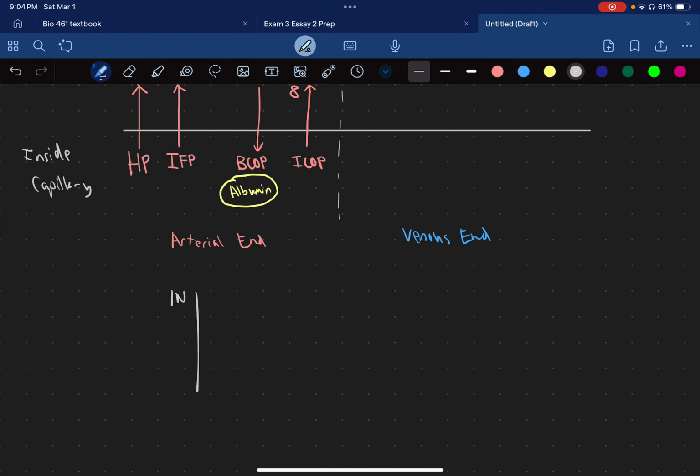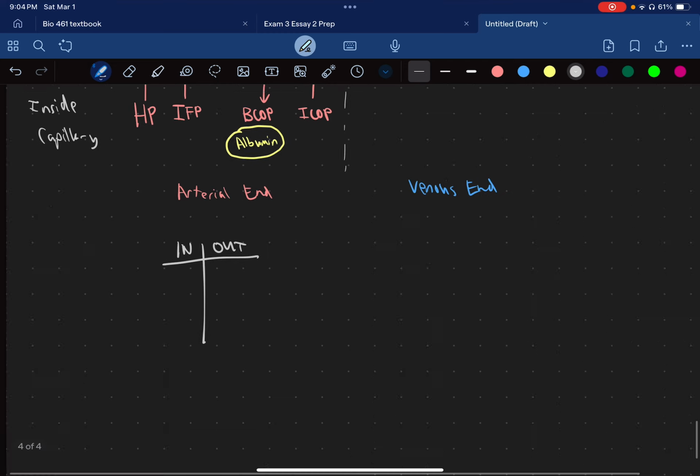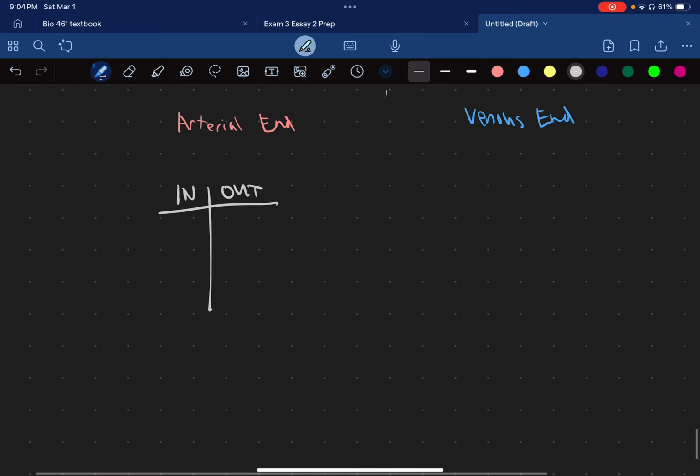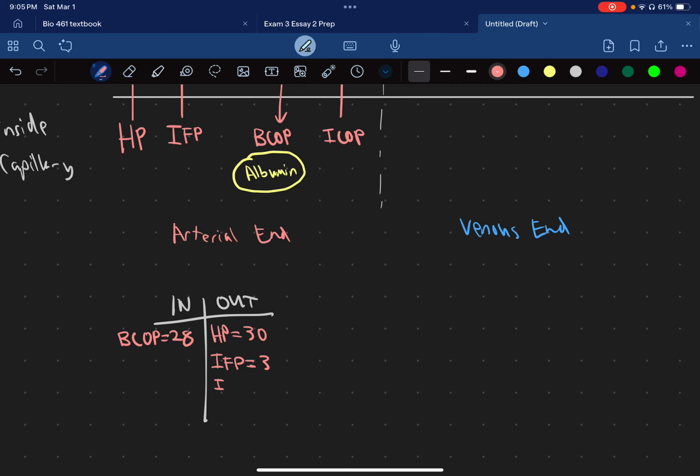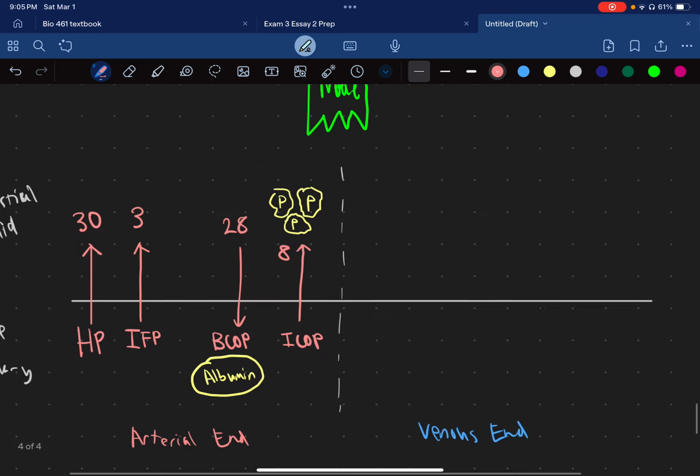So if we make a little, I like to call this in and out because that's my favorite burger. So our in, we have blood colloidal osmotic pressure, that's 28. Out, we have our hydrostatic pressure, which is 30, our interstitial fluid pressure, which is 3, and we have our interstitial fluid colloidal osmotic pressure, which is 8, I believe.